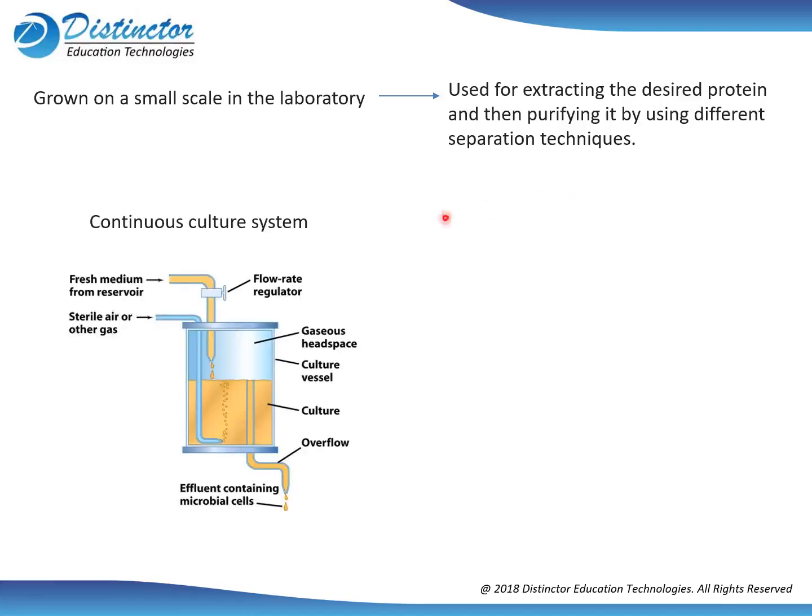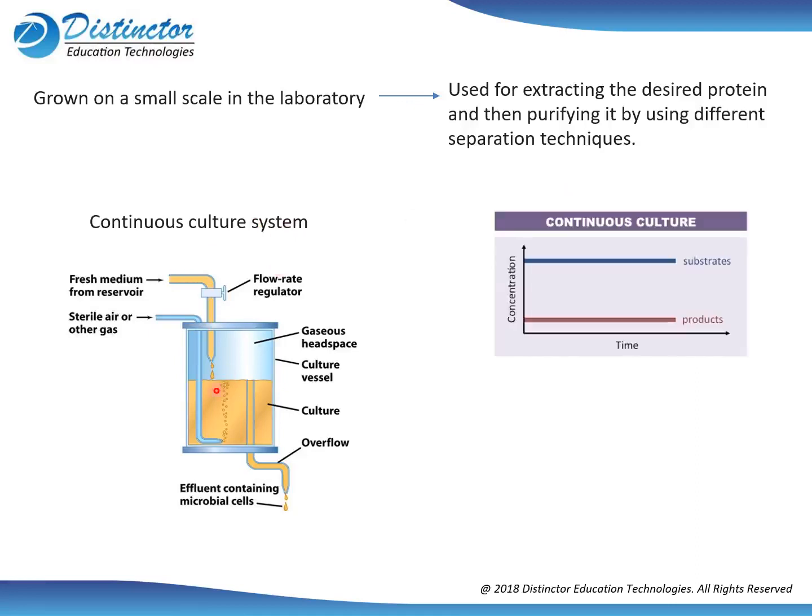We use a continuous culture system for the production of a large quantity of product. In this continuous culture system, we continuously introduce the cells into the bioreactors or medium. The cells divide continuously and the product is produced continuously, and there is an overflow or outflow.